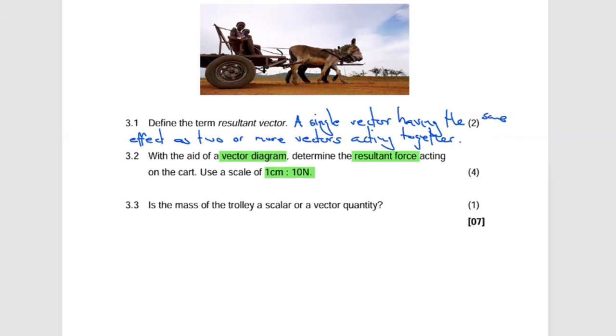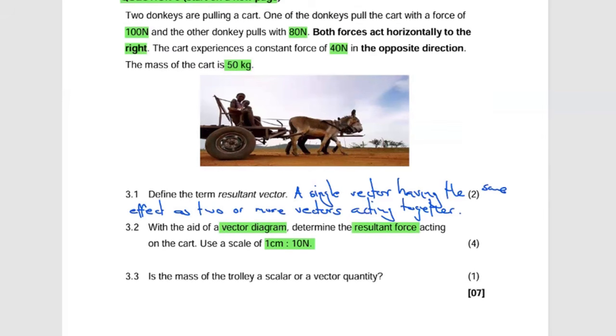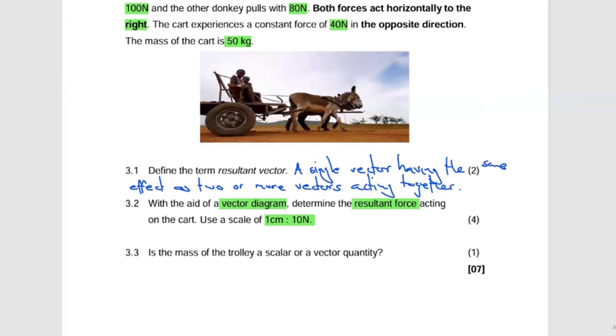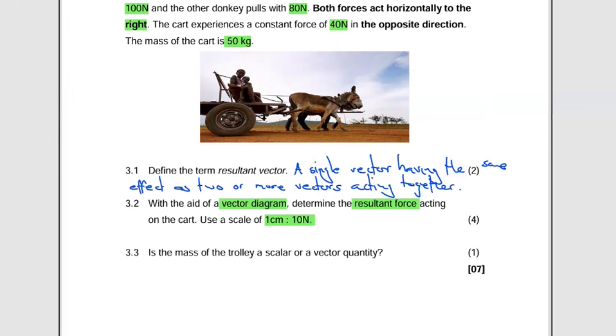Let's deduce the information that we're given. We're given a value at the top of 100 newtons. This donkey is going to pull at 100 newtons to the right, so I'm going to have a force going to this side, 100 newtons.